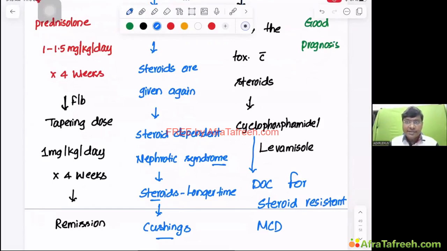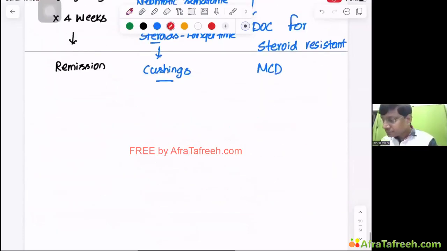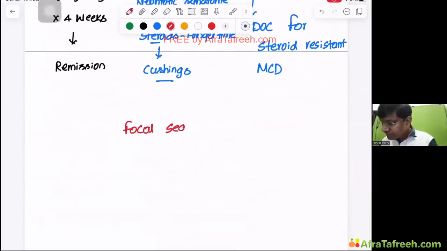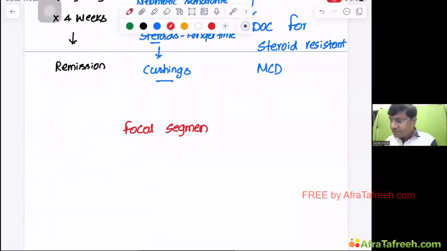Now, after having discussed minimal change disease, the next important form of the nephrotic syndrome is focal segmental glomerulosclerosis. Let me take up the discussion of focal segmental glomerulosclerosis. Once we finish these, that is focal segmental glomerulosclerosis and membranous glomerulonephritis, then we will revise the entire nephrotic syndrome once.